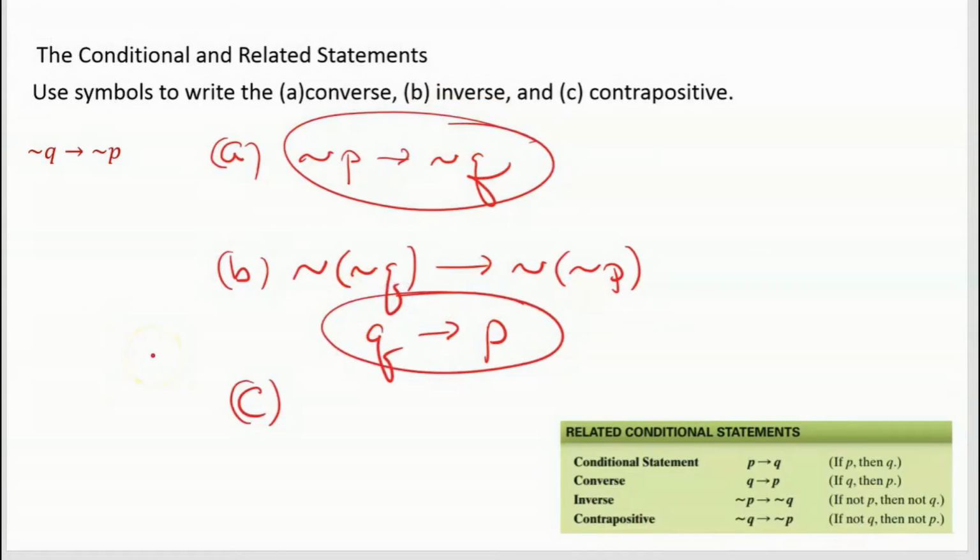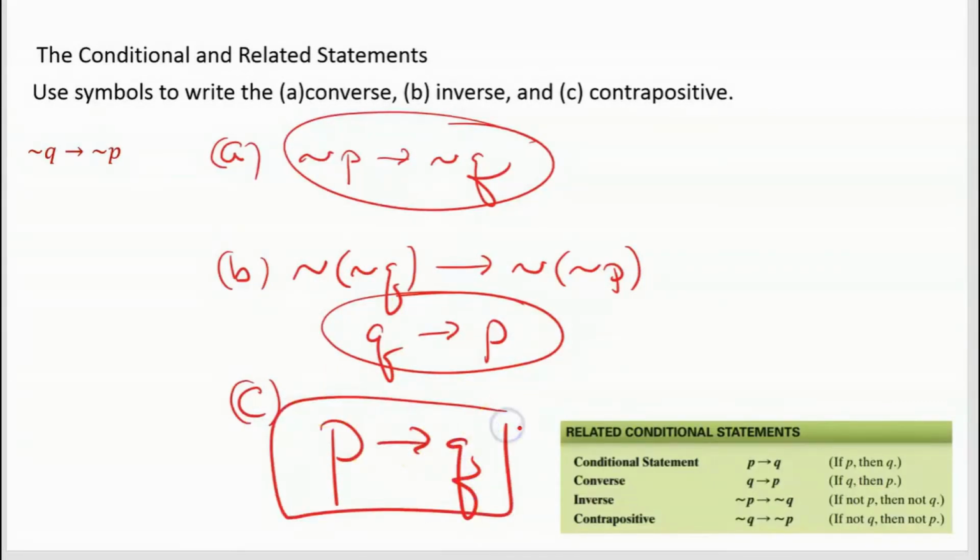And then the contrapositive. So I'm going to flip it and reverse it. And again, what I like to do is I take my flipped it and just reverse it. So take your inverse and then reverse it. So that's P implies Q. Hey, pause it, check it, redo it yourself, make sure that makes sense, okay?